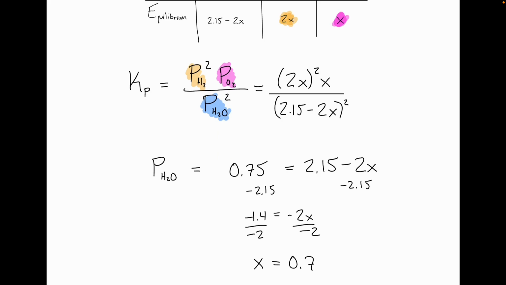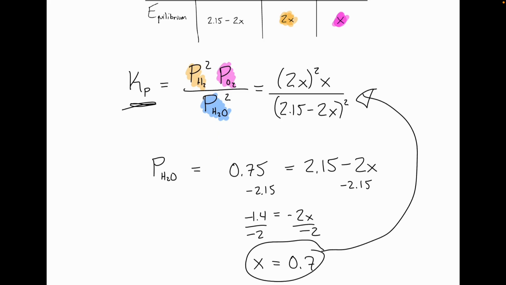And then what am I going to do next? Turn around and plug it back in, right? So now that I have my x value, I can turn around and plug it back in into this formula here to solve for Kp.